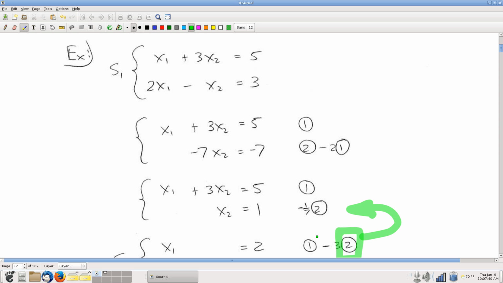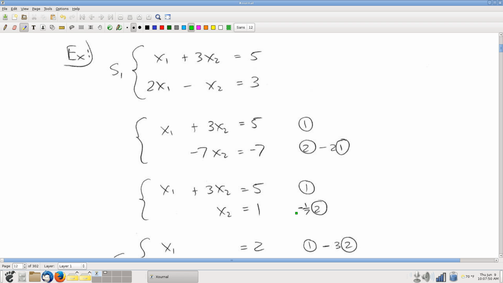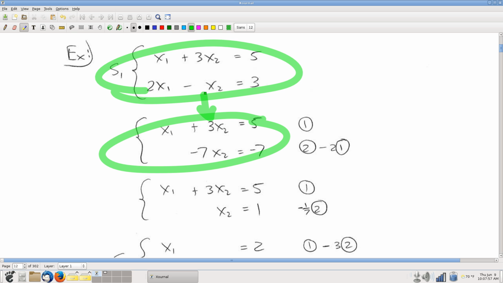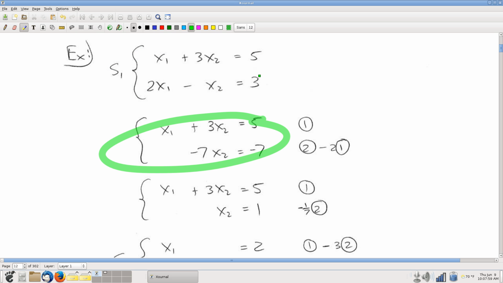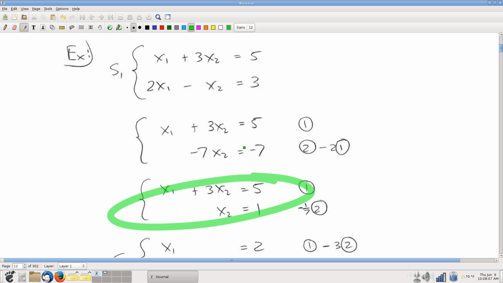It is not referring to an equation in the original system, right? Only to the previous system. The point here is that we take a system, we turn it into another system, and then in order to make progress, we look only at that new system. And then that we turn into another system like this.